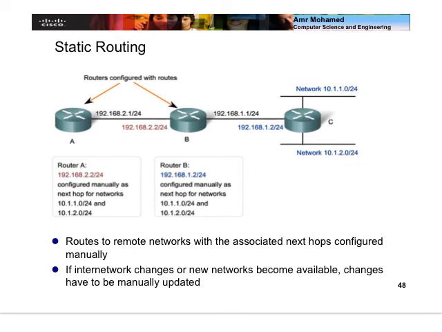So the network administrator has to have the global picture of the entire network in that case, which hopefully is a small network that can be manageable in terms of static routing. So router A will have to be configured with the next hop for all the remote networks, and then I have to do the same for router B and so on, and the same for each network.